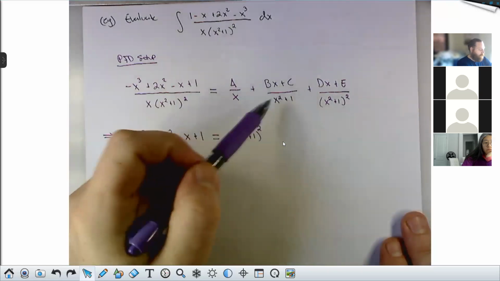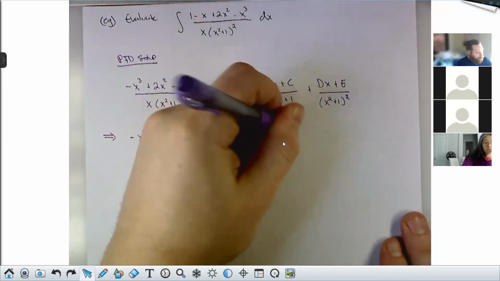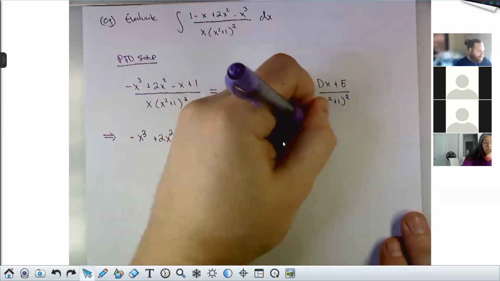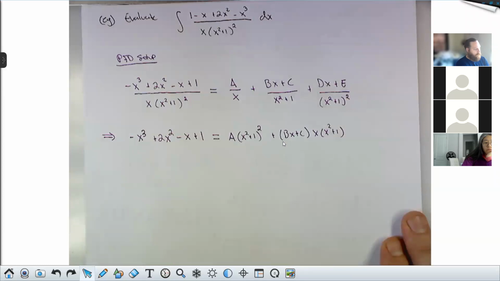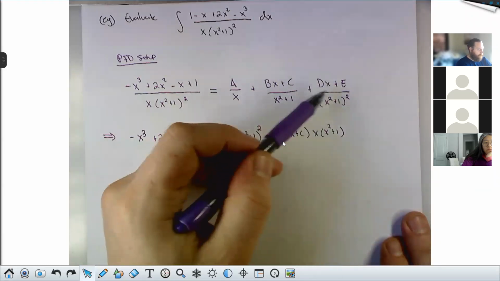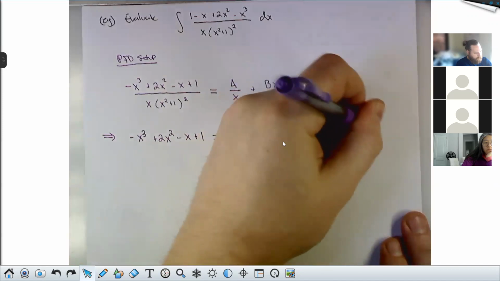The Bx plus C term, one of the x squared plus 1 will cancel, so I'll get Bx plus C times x squared plus 1.